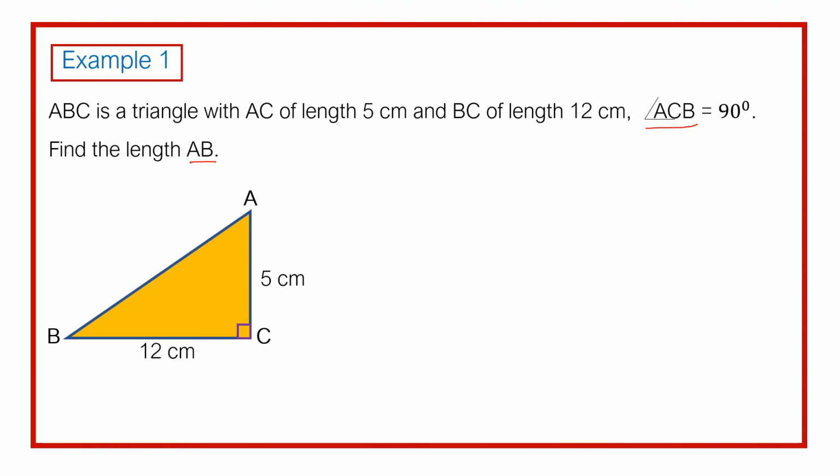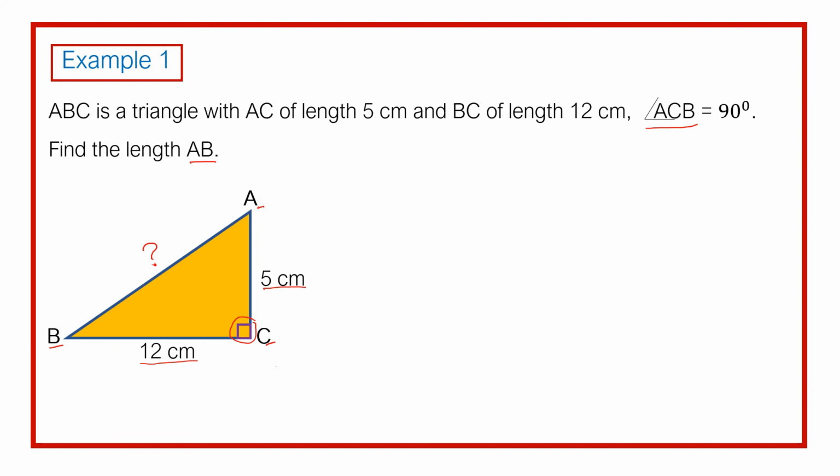So in this right triangle, we see that angle ACB is 90 degrees. We see that AC is 5 centimeters. We see that BC is 12 centimeters. Now, we need to know what is AB.